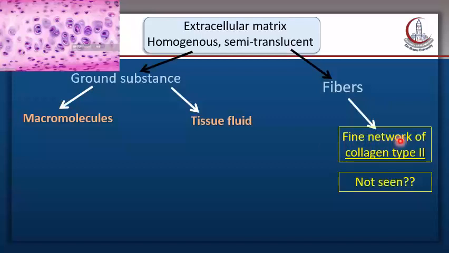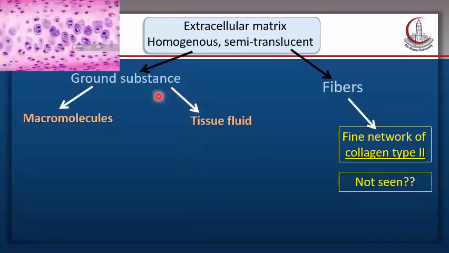They form a fine network of small fibrils that are submicroscopic, so they do not appear individually under the microscope. They also have the same refractive index as the matrix, so they cannot be differentiated under the microscope.